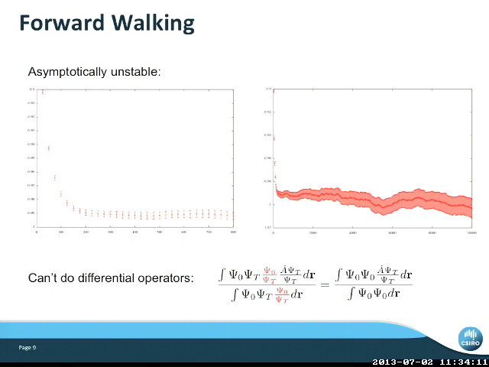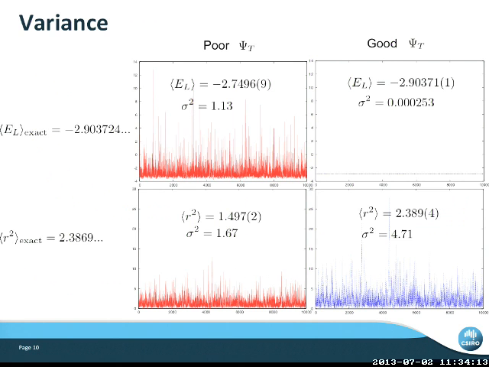So we'll leave bias for now and jump on to the variance problem. So obviously, energies have this zero variance property, where if I have a poor wave function, I'm going to have massive fluctuations in my samples. But if I have a good wave function, then I can have very, very small fluctuations in my samples.